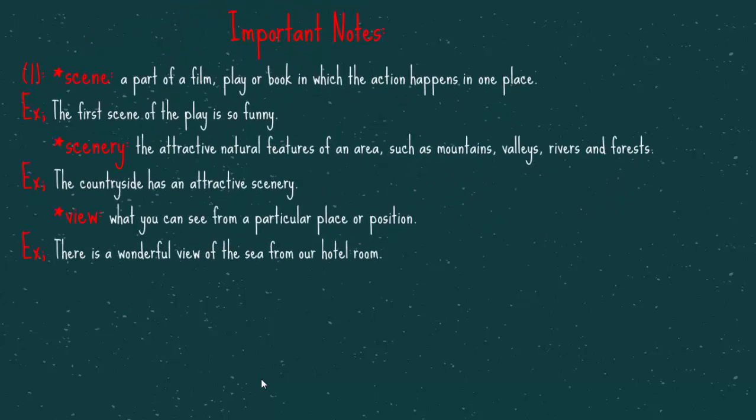Important notes. Okay, so let's look at the difference between these 3 words here. We have the word scene. It's a part of a film, play or book in which the action happens in one place. For example, the first scene of the play is so funny. Scenery.